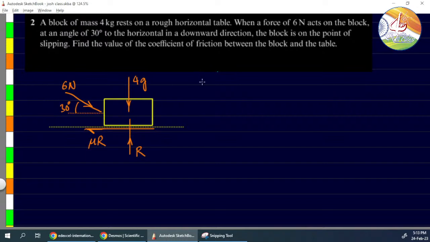Okay, so sigma y again. This is our y-axis and this is our x-axis, right? So sigma y, all the forces in y direction. R is upwards, minus 4g, and the component of this will also act downward, right? So 6 into sine or cos, vertical component.